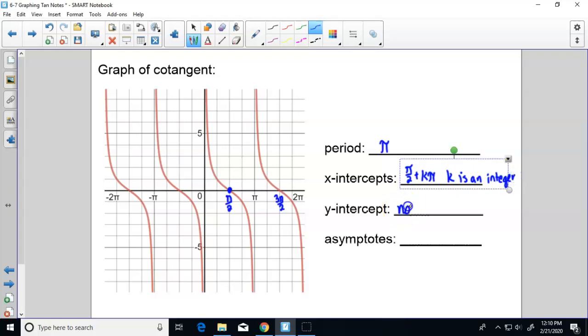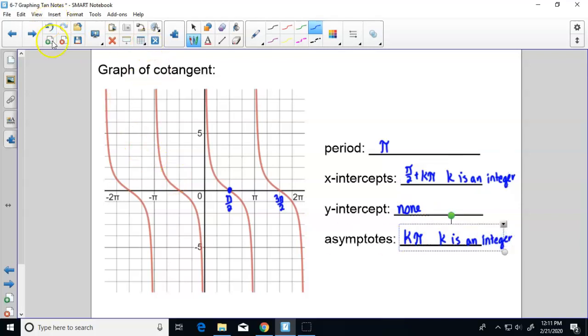Y-intercepts, we have none for this because we have an asymptote at x equals 0. So our asymptotes here are at 0, pi, 2 pi, negative pi, so we can write k times pi, where k is an integer.